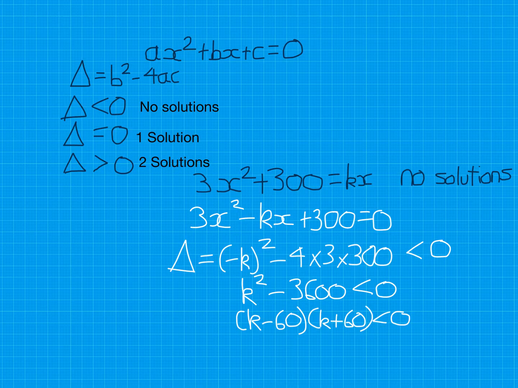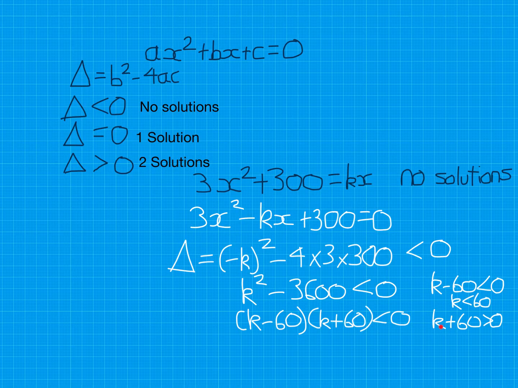The only way that that is possible is if the smaller number, k minus 60, is negative, and simultaneously the larger factor is positive. So if k minus 60 is less than 0, I can just add 60 to both sides. I get k is less than 60.